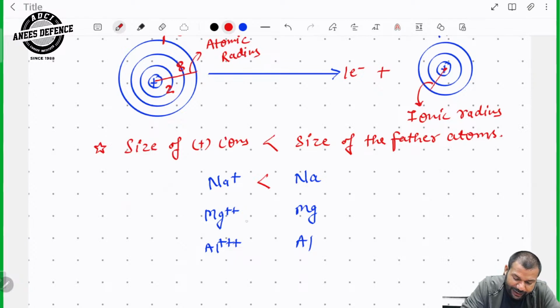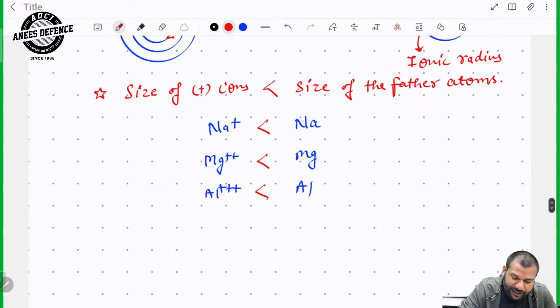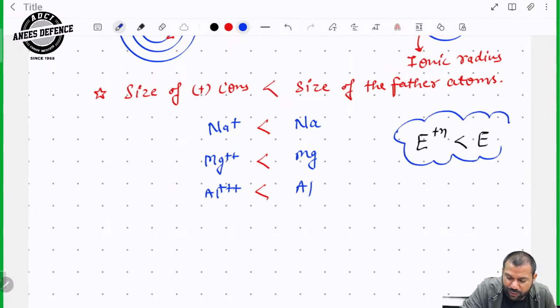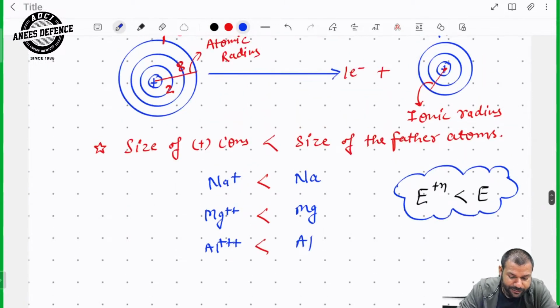Similarly, Mg will be greater in size than Mg++, and aluminium will be greater in size than Al+3. So in general, we can write that E+n is always less than E, right? This is the general trend in ionic radius, right?